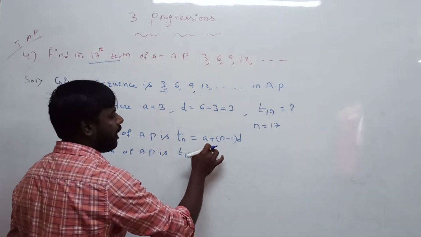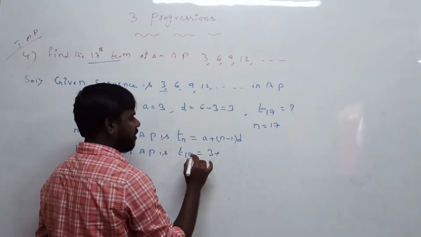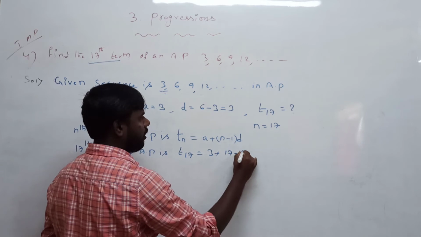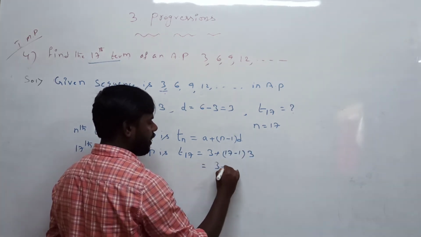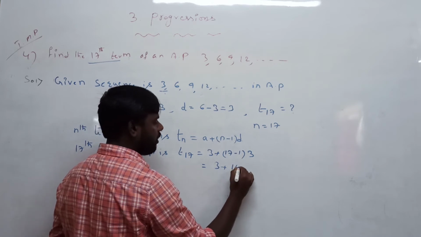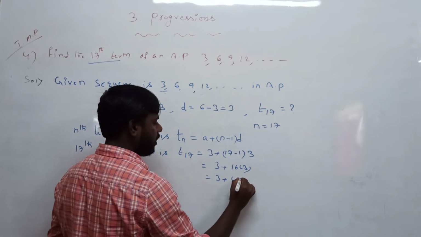Applying the a value, n value, d value: a value is 3, n value is 17 minus 1, into d value, 3. Simplify the values: 3 plus 17 minus 1 is 16, into 3. 3 plus 16 into 3 is 48.